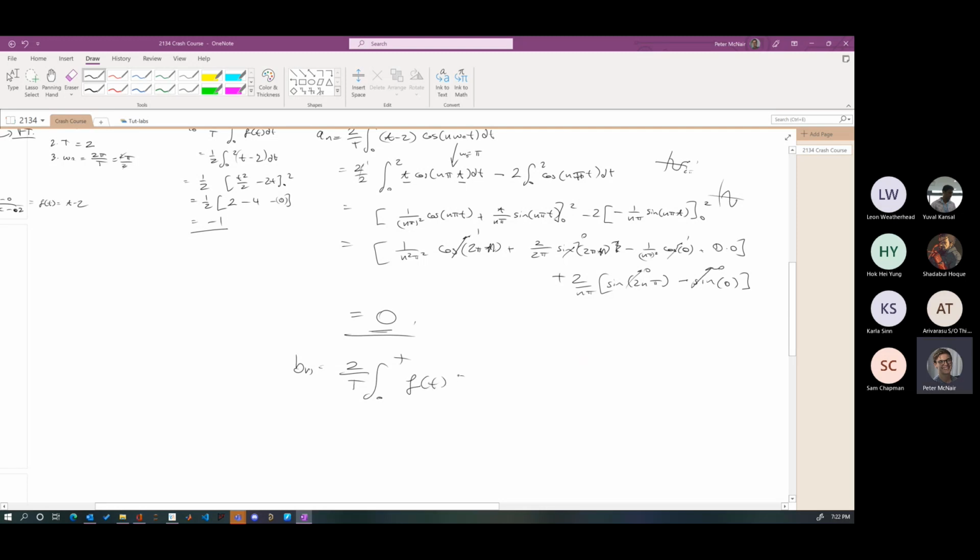F of t, except this time we're integrating with sine of n omega naught t dt. So 2 on 2 just goes to 1. Integral from 0 to 2 of t sine of n pi t dt minus 2 integral from 0 to 2 of sine n pi t dt.